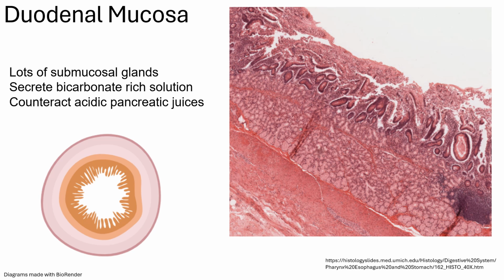There are lots of submucosal glands in the duodenum, and they secrete a very bicarbonate-rich solution. So this bicarbonate-rich solution raises the pH of that acidic slurry, with a pH of 1 or 2, that's coming from the stomach.